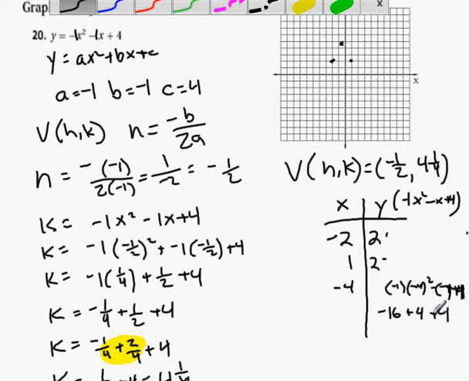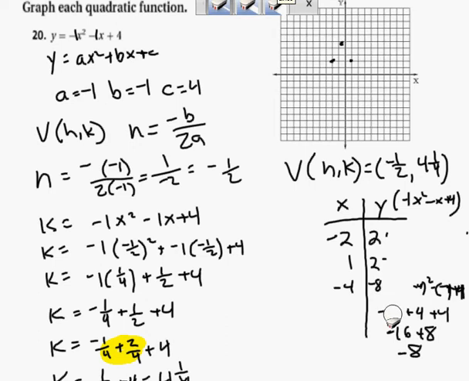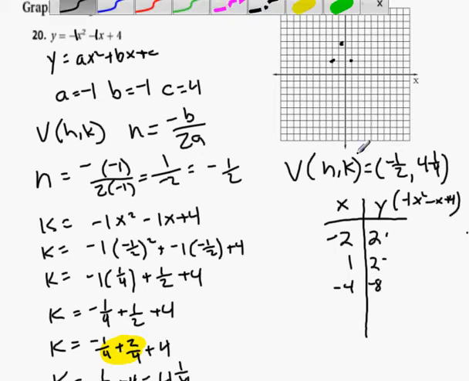So plus 4 plus 4. Negative 16 plus 8 gives me negative 8. So when x is negative 4, the value of y is negative 8. Okay, so let's find that ordered pair. So negative 4, then 1, 2, 3, 4, 5, 6, 7, 8, negative 8.